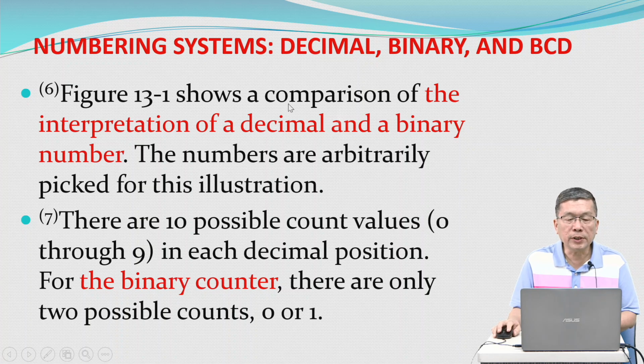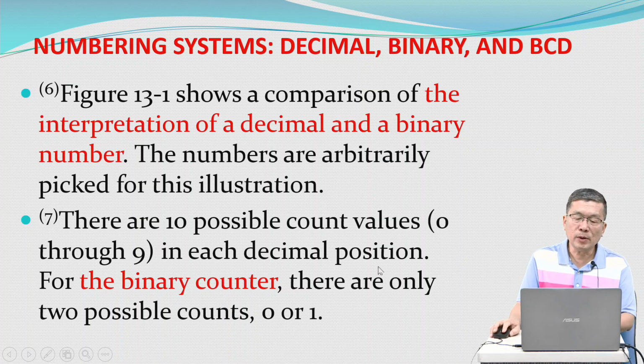Figure 13.1 shows a comparison of the interpretation of a decimal and a binary number. The numbers are arbitrarily picked for this illustration. There are 10 possible count values, 0 through 9, in each decimal position.